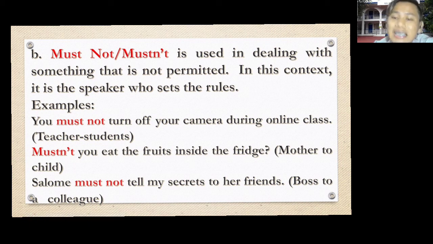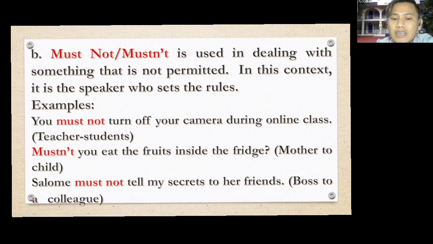So last, okay, Salome must not tell my secrets to her friend. So it's a conversation between a boss and a colleague. So the examples are more or less the same as the examples that we've had just a while ago. All right, so now let's move on.